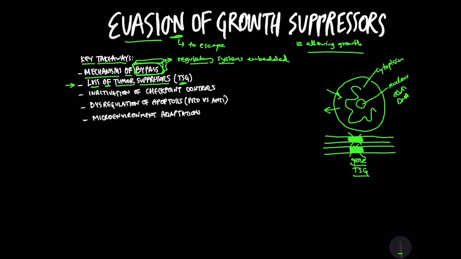So you can decipher the function of these tumor suppressor genes, as they are named, right? They suppress tumors, and once both of these copies are mutated, then you have the allowing of growth.